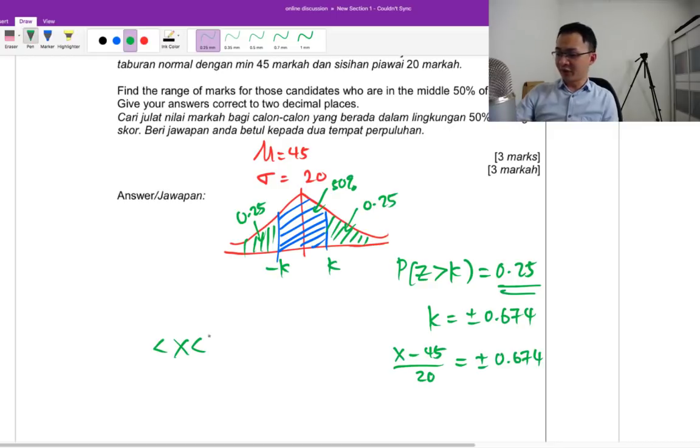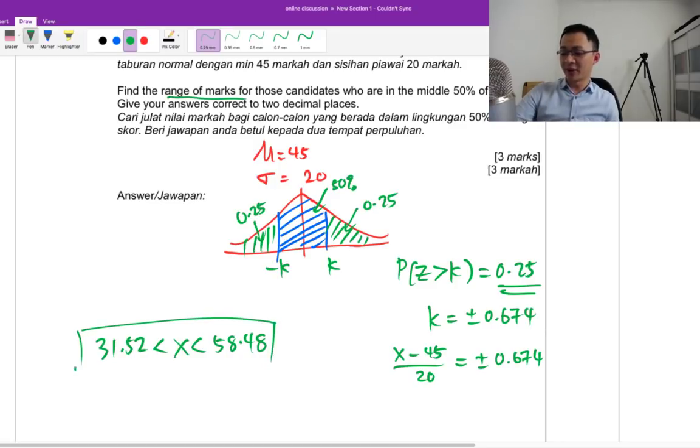So I will get the first mark is 58.48, and then the other one, I just change my calculator to negative 0.674, and I get another one which is 31.52. So this is the mark they want. They ask me to find the range of the mark, which is where 50% of students have this mark.